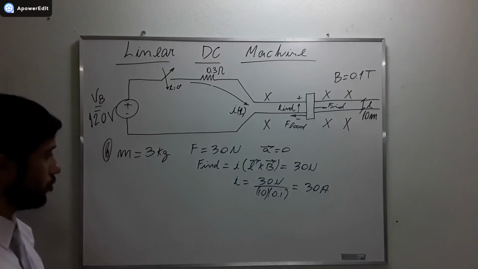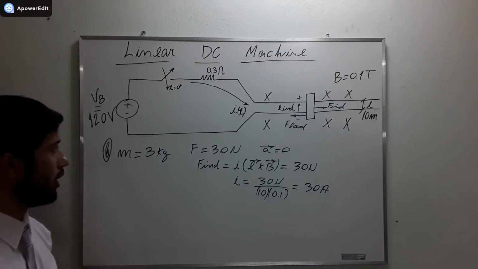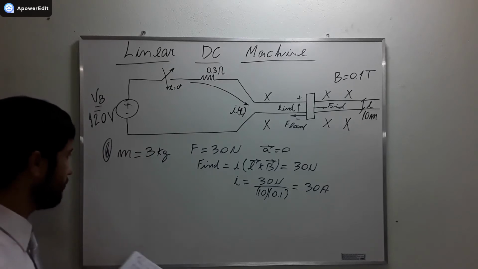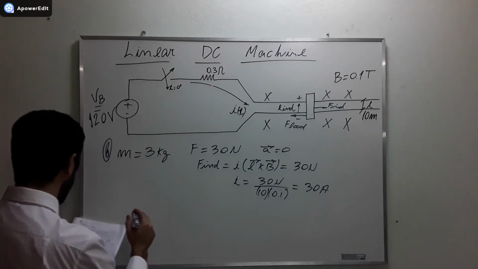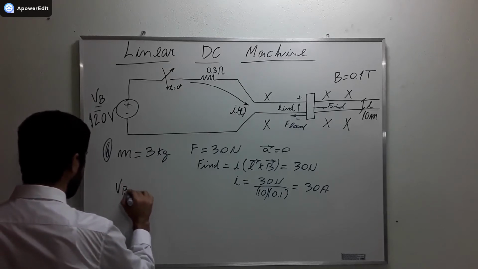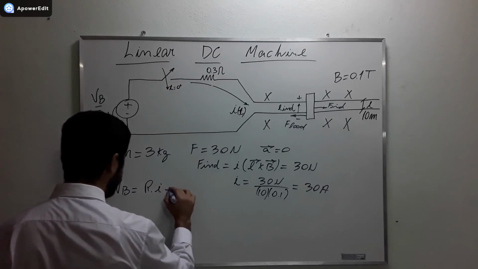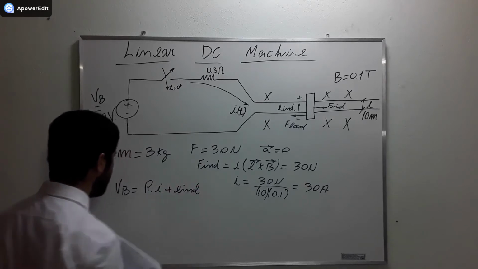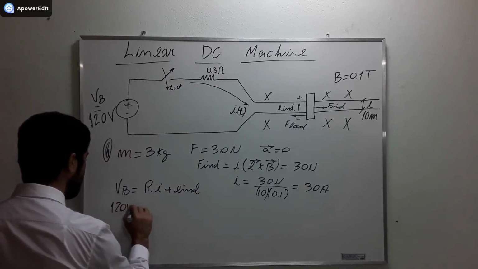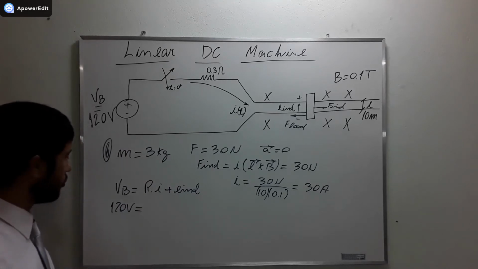Okay, we are going to use these 30 amperes to calculate the induced voltage. The induced voltage is going to be VB equals to R times I plus the induced voltage. Here we already know that it is 120 volts.